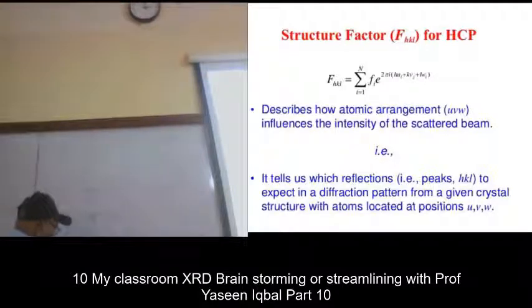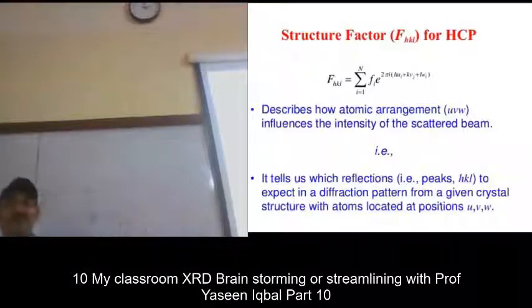This is 0 0 0, and this is 2 0 0, then where did 1 0 0 go? Similarly, from here, if this peak is 2 0 0, then where is 1 0 0?